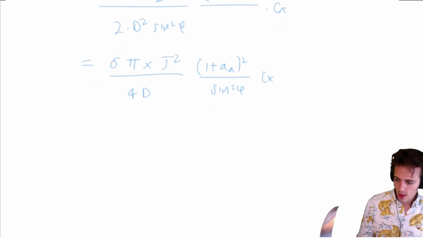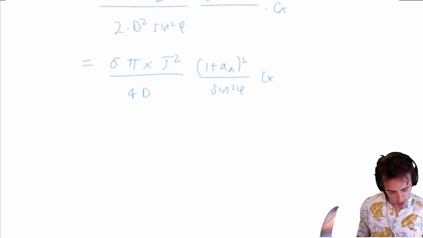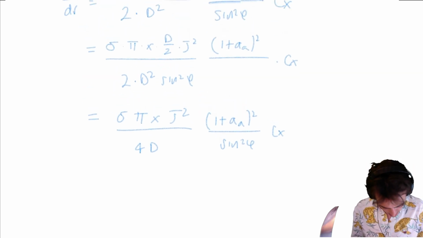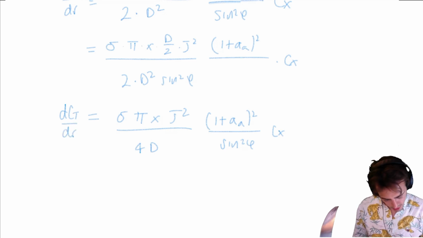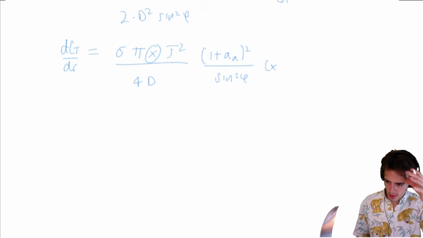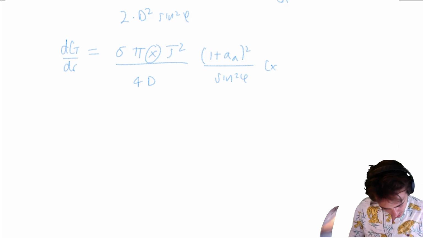Okay, so what we've got here, this is now dct on dr, still dct on dr. We've got this x here. It would be helpful if we could get rid of this x. So let's have a look at what we've got here. We've got sigma and we've got x here.